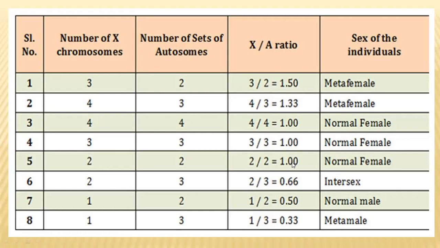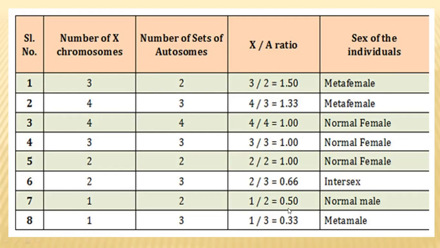And if this value is less than 1, then they will develop into either intersex or normal males. If they are exactly 0.5, they develop into normal males. If they are between 0.5 and 1, they will develop into intersex or hermaphrodites. And if they are lesser than 0.5, then they will develop into meta males.